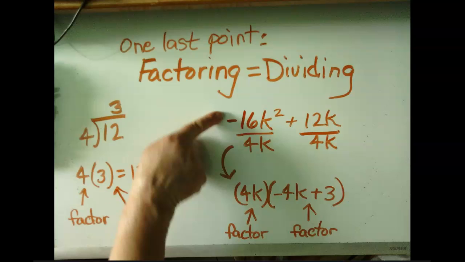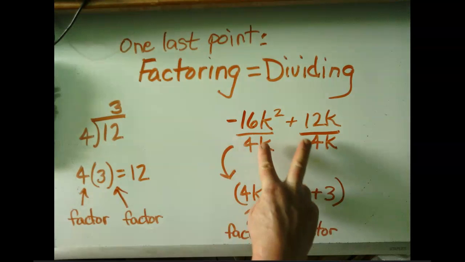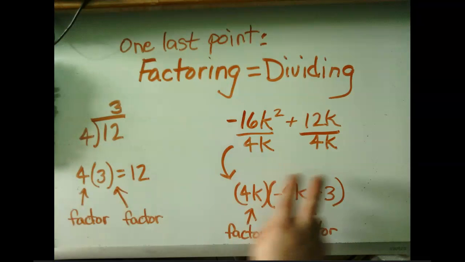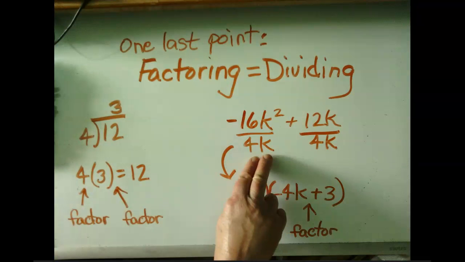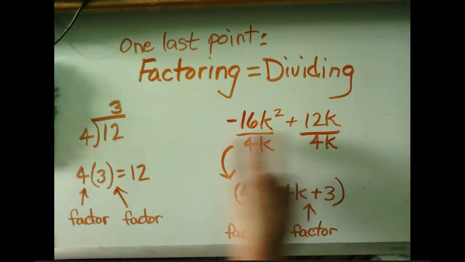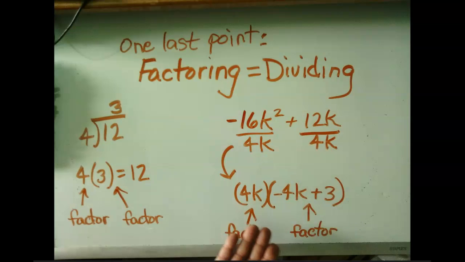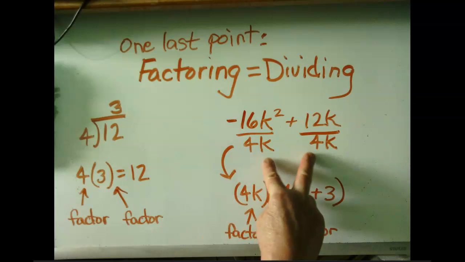Same with polynomials. We started off with negative 16k squared plus 12k. We realized that we could divide both of these terms by 4k, and what do we get? We start off with a sum.